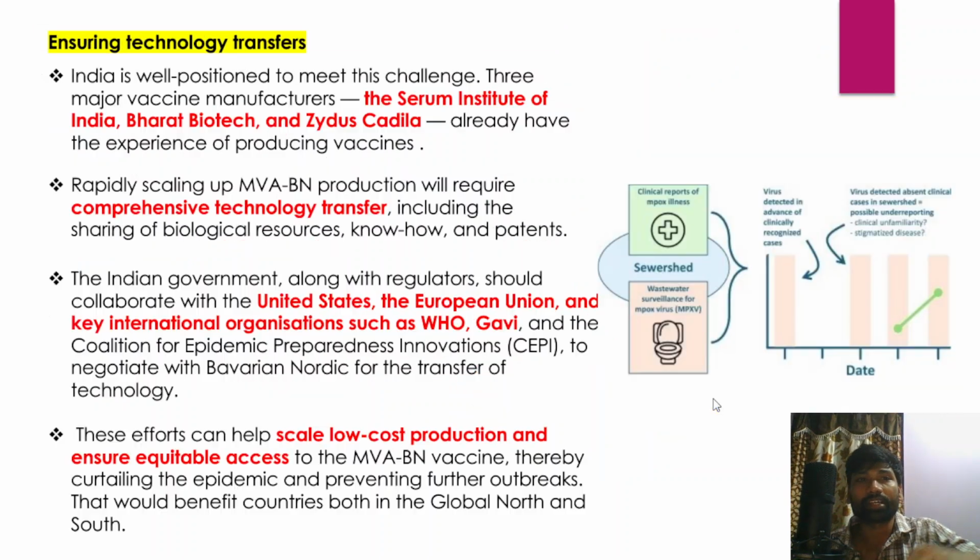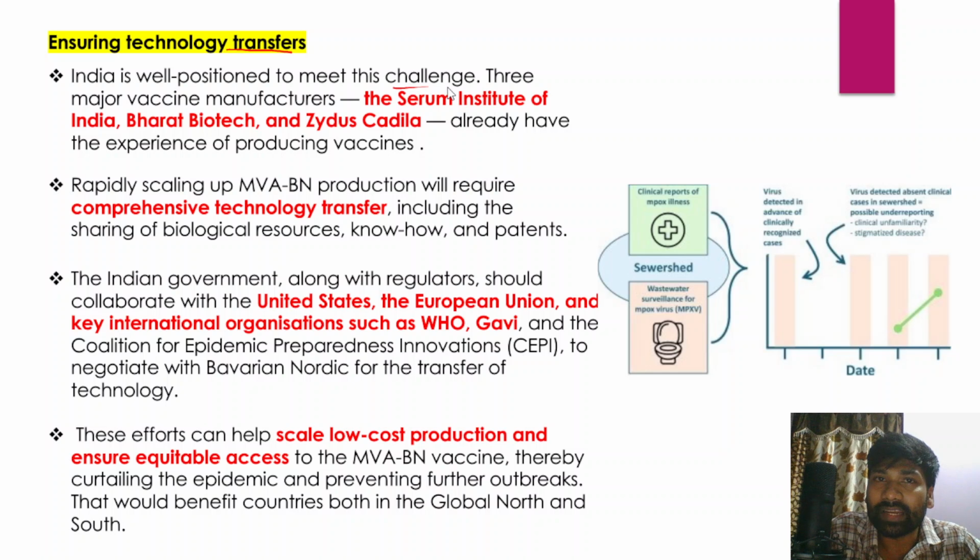So what needs to be done to ensure equitable distribution of vaccines across all segments of the population? We need to ensure technology transfer, right? So how can we ensure technology transfer? As of now, India is well positioned to meet the challenge of equitable distribution of the vaccines.